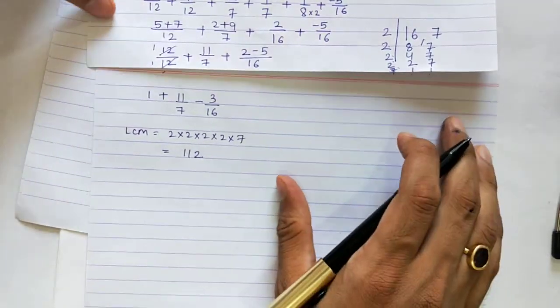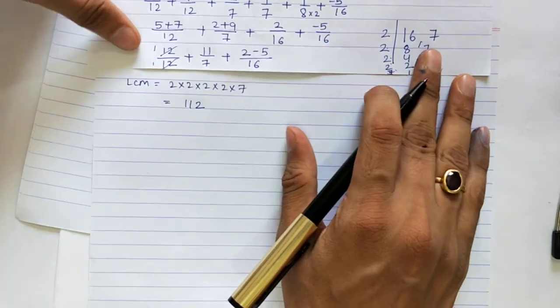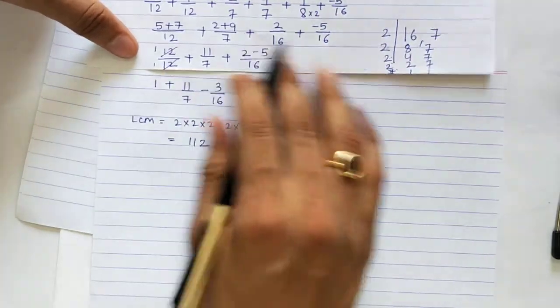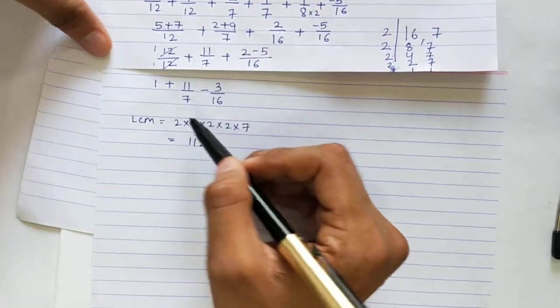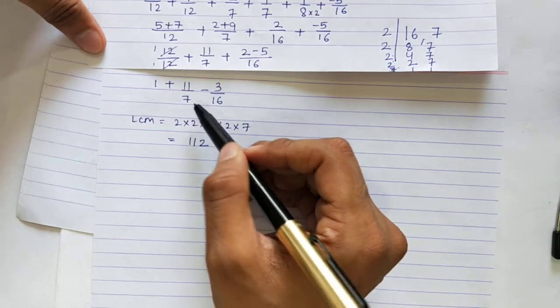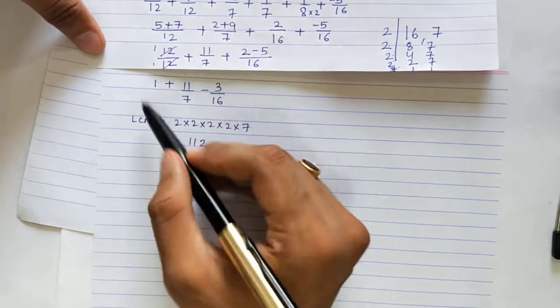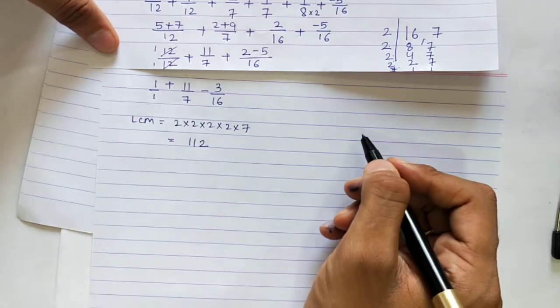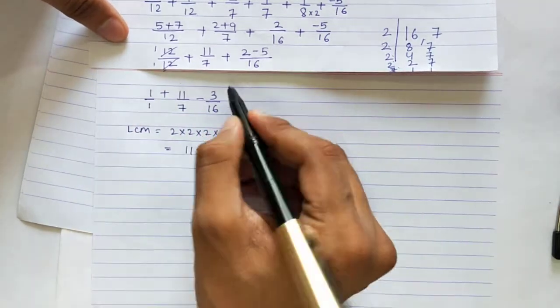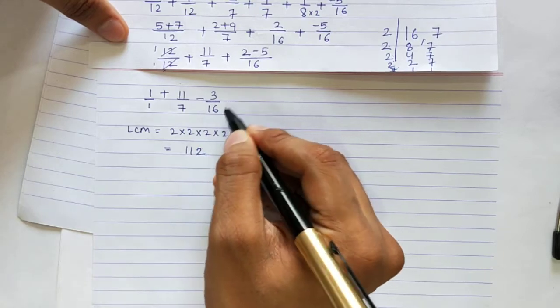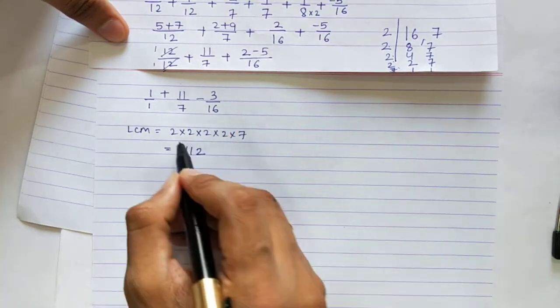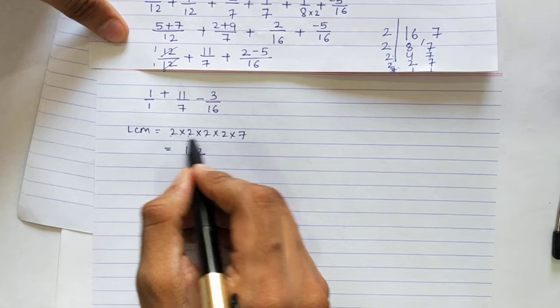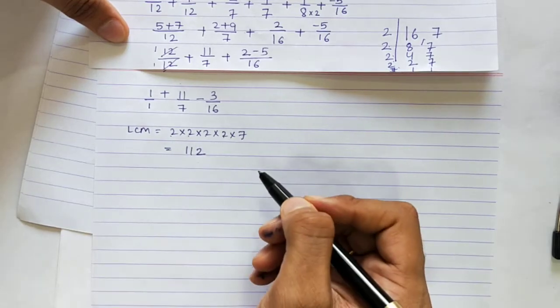112. Now once I have this, I will make the denominators same. So here there is no denominator, here it is actually 1 upon 1. Okay. Now this fraction 16 will get multiplied with, see, 2 into 2 into 2 into 2. 16 into 7 was 112.